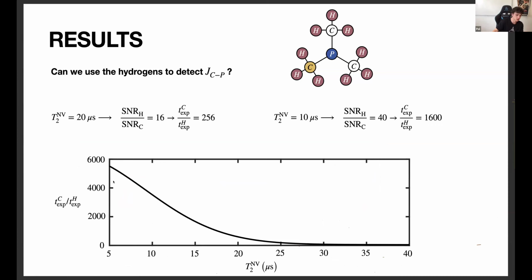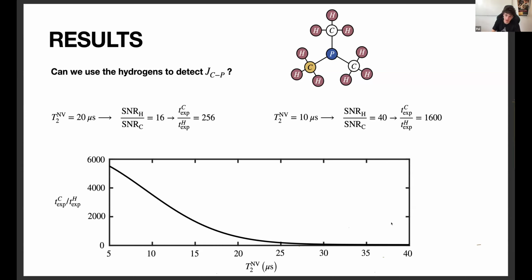Maybe with 5 microseconds, which is a usual value in experiments for the T2 of the NV ensemble, we can reach up to almost a factor of 6,000 reduction in the experimental time. While if the T2 of our NV gets larger, notice how this improvement reduces.